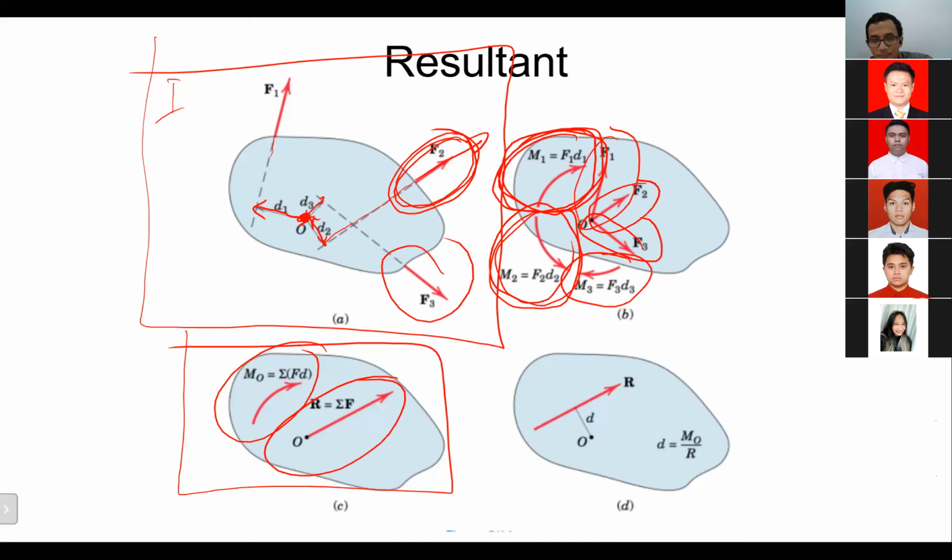So that means that M3 and M1 is bigger than M2, right? In this case, the assumption is like that. If M2 is bigger, then the direction is supposed to be the opposite. It will be counterclockwise if M2 is bigger than M1 plus M3.